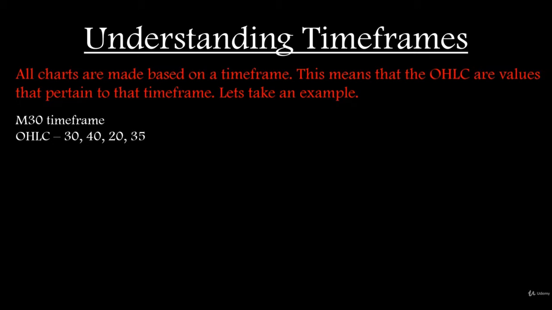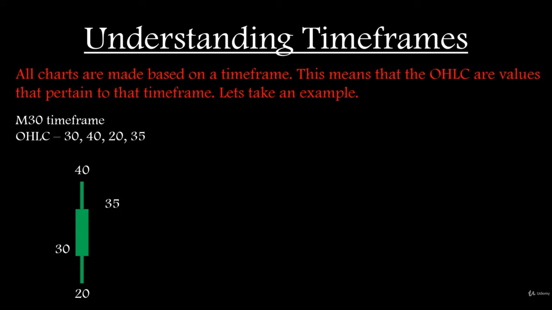If you haven't viewed that video, please go ahead and view that before proceeding further. So we have an opening price of 30 and we have a closing price of 35, which means that this is a green candle and it moves upwards in price. So let's put up our high at 40, let's put up our low at 20.